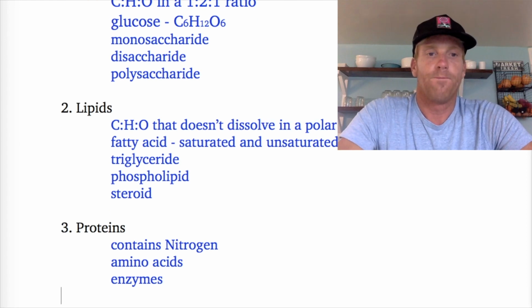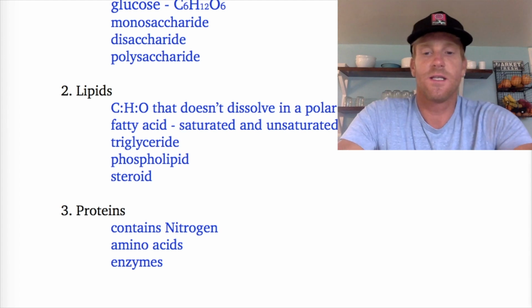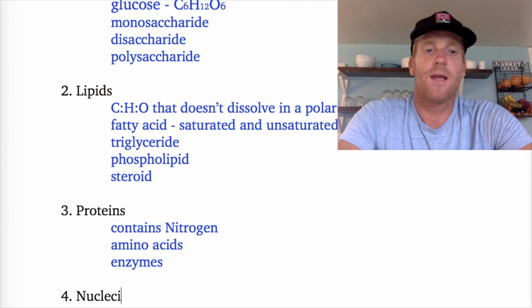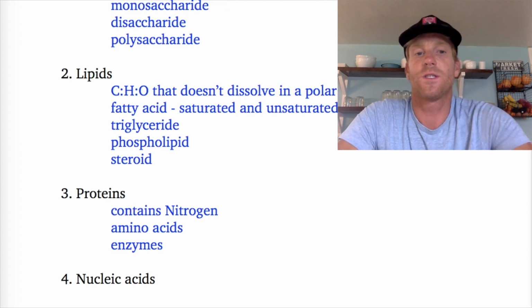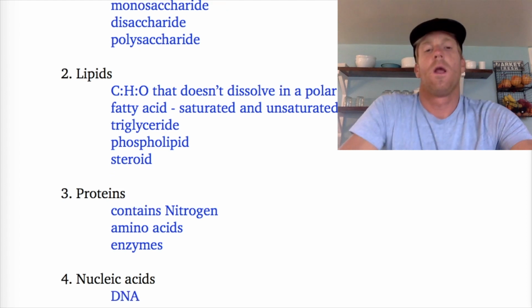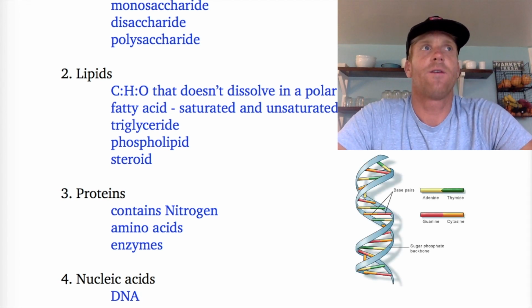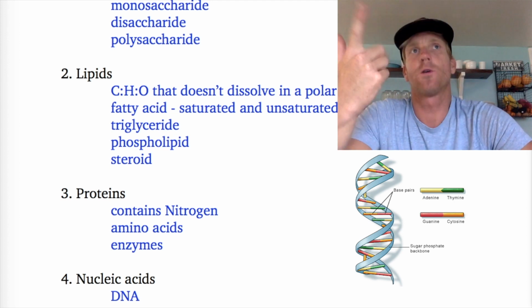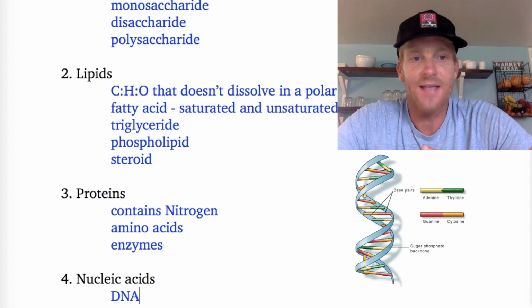All right. Now, the last type of organic molecule that I wanted to mention is called nucleic acids. Nucleic acids make up our genetic code, which is called DNA. And we'll talk about this a little bit more when we get to cells, but our genetic code is this helical spiral staircase, which consists of these repeating units of nucleic acids.